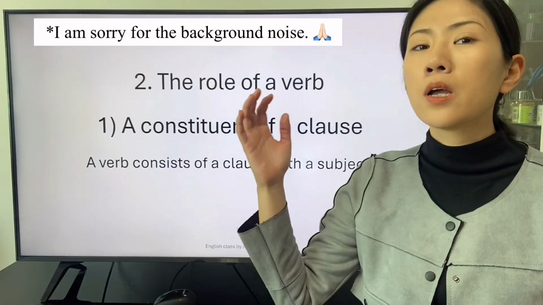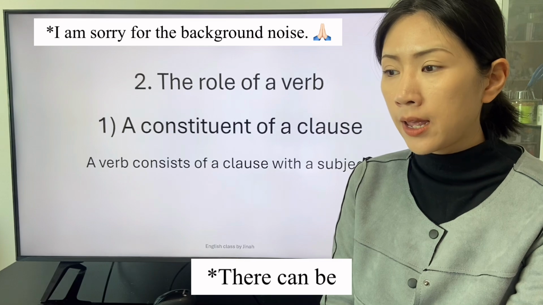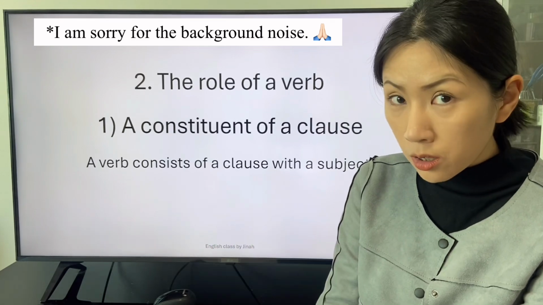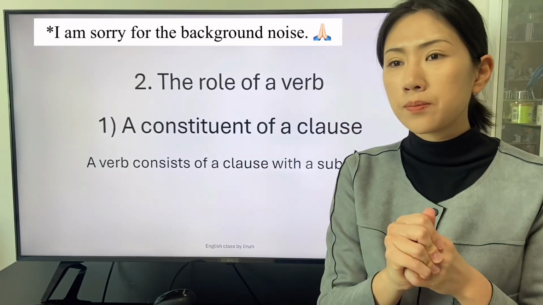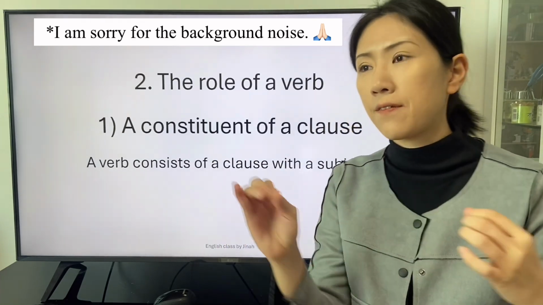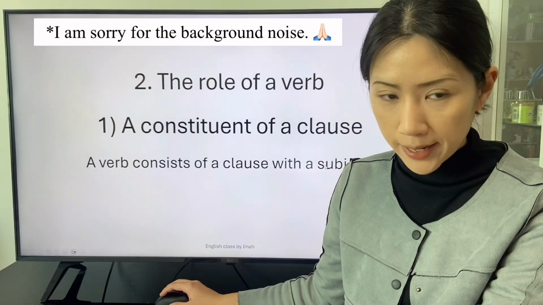A verb consists of a phrase of a verb, with adverbs to describe the verb in the phrase of a verb. A verb consists of a clause with a subject.